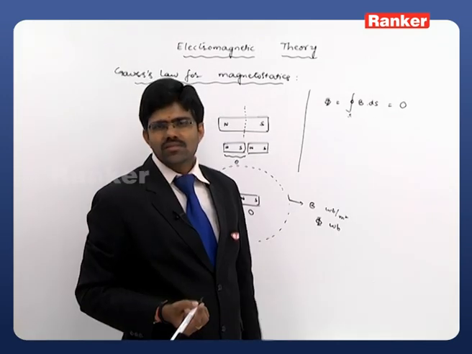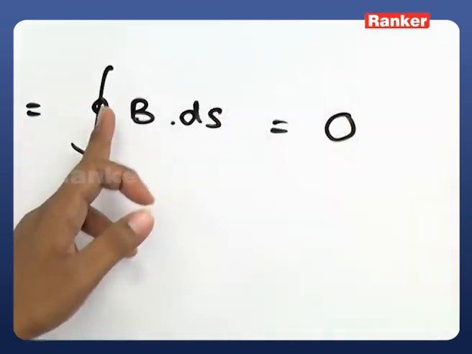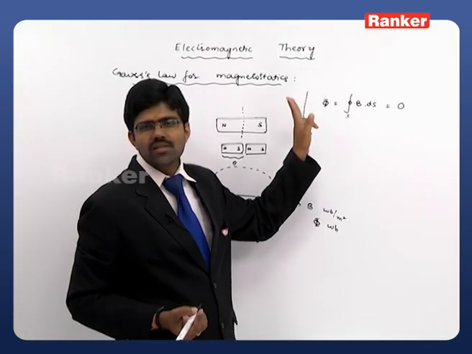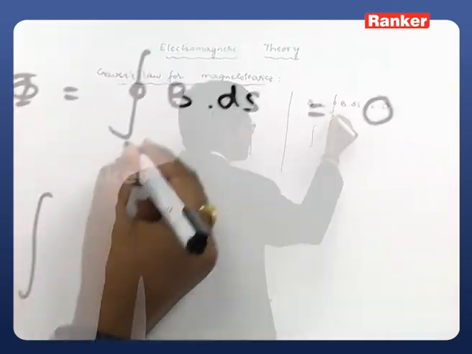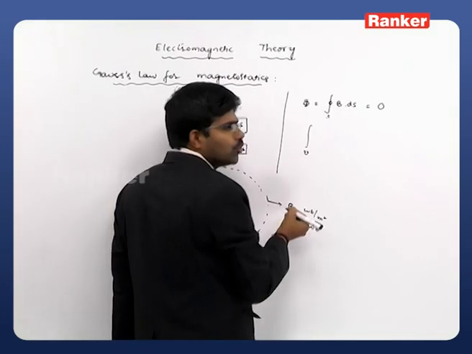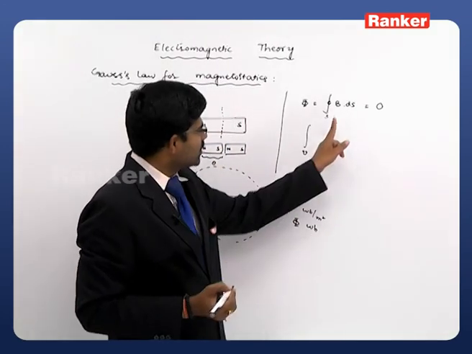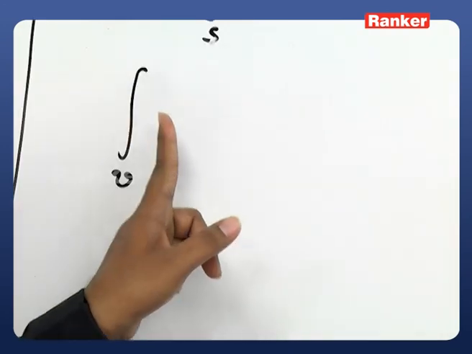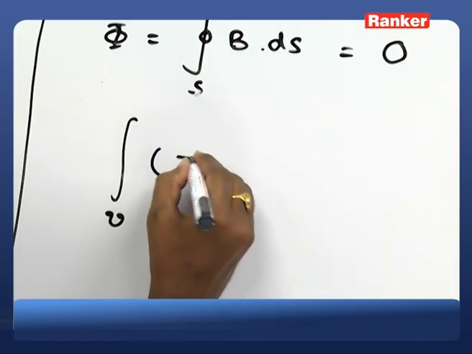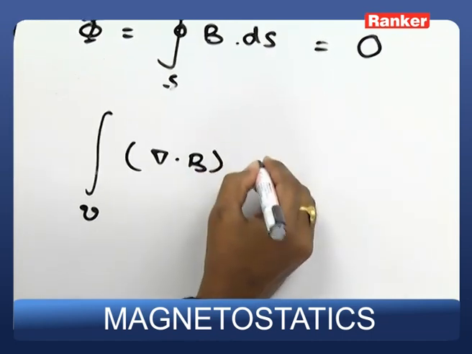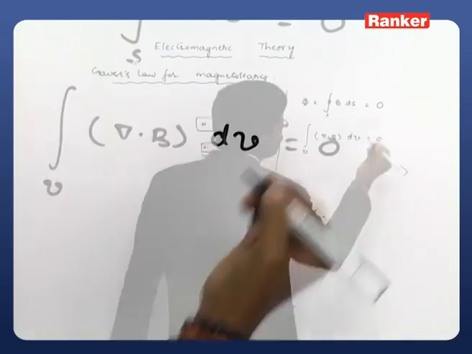Now apply the divergence theorem. Since we have a closed surface, we can apply the divergence theorem here. By applying the divergence theorem, the surface integral now becomes a volume integral. A surface integral is a double integral, a volume integral is a triple integral. So the volume integral of the divergence of B dV is equal to 0.